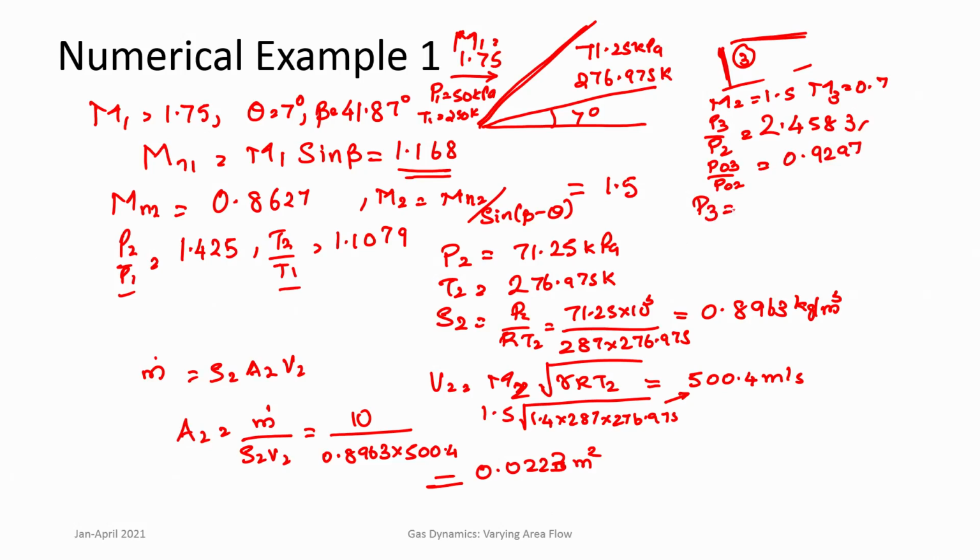P3 is 175.153 kilopascal, and similarly you can get T3 is 365.607 Kelvin. T3 by T2 is 1.32. So you can get P3 by T3 and also A3 by A3 star. You can get this value 1.0943. This is there in isentropic tables, not in normal shock tables.